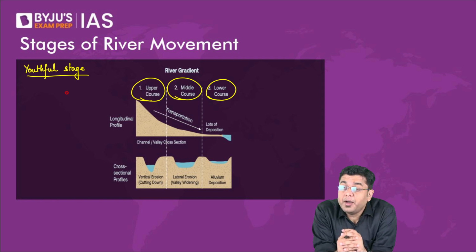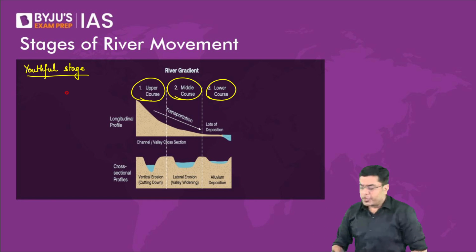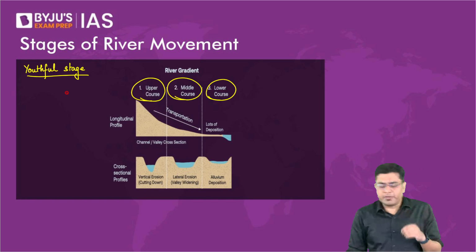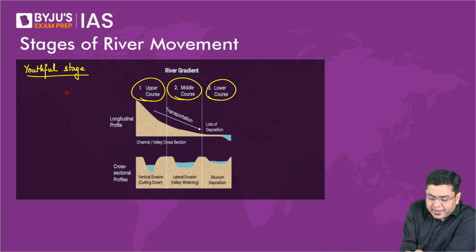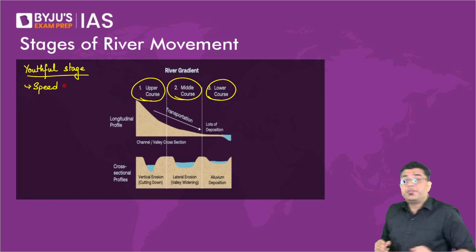But the river will be deep, significantly deeper. Right? So here in the youthful stage, because of the slope gradient, because of the influence of gravity, the speed is very, very high.